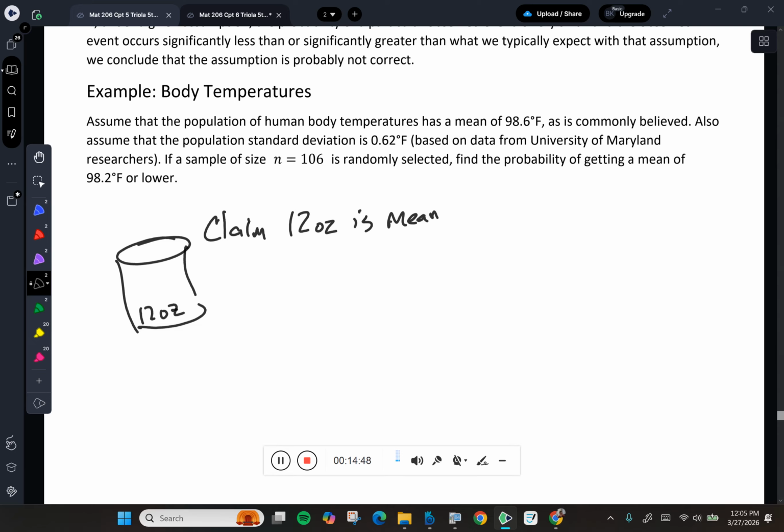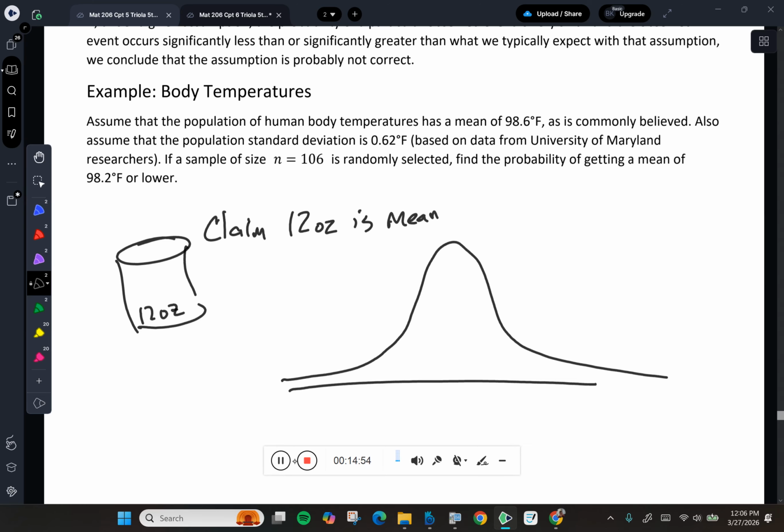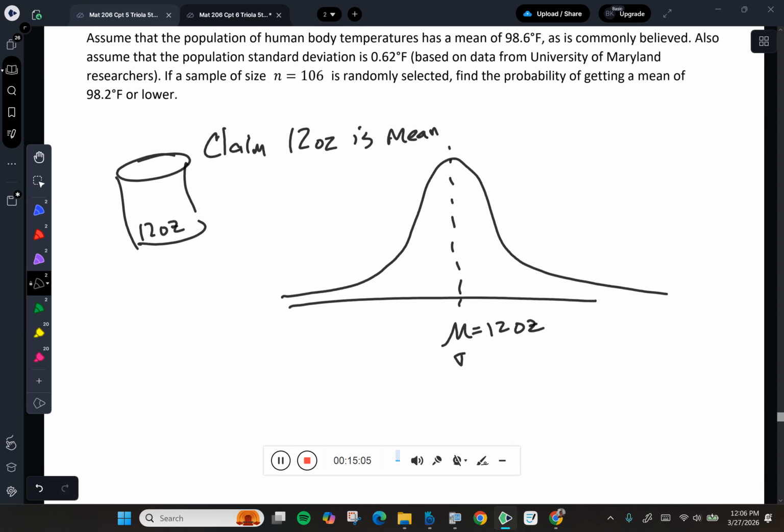And if I assume that 12 ounces is true, then I should get a normal distribution where the mean should be about right there, 12 ounces, with some standard deviation that is acceptable based on the machine that I'm using to fill it. And let's say it's 0.05 ounces.